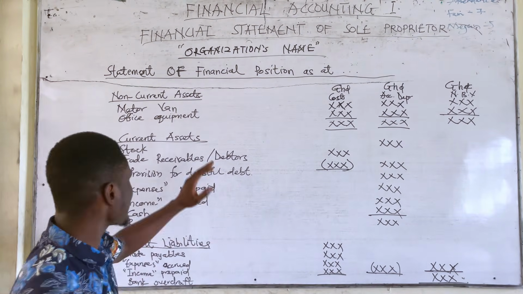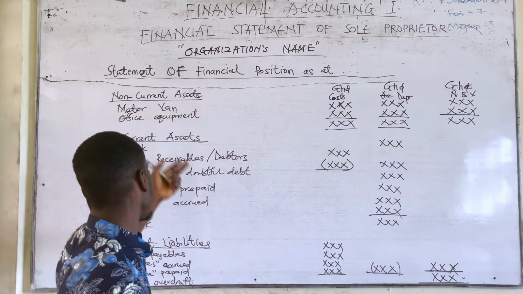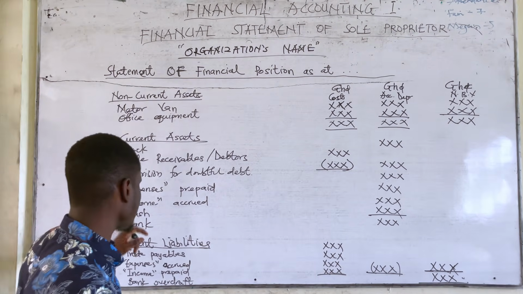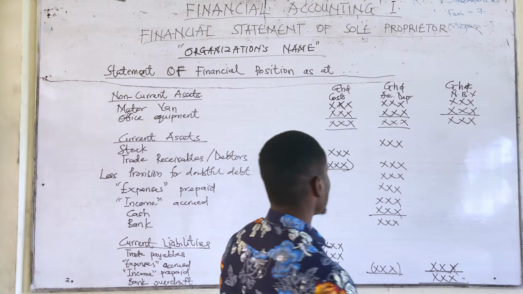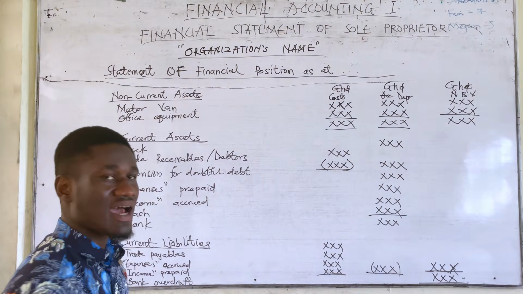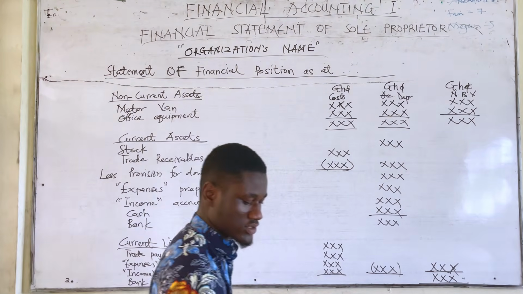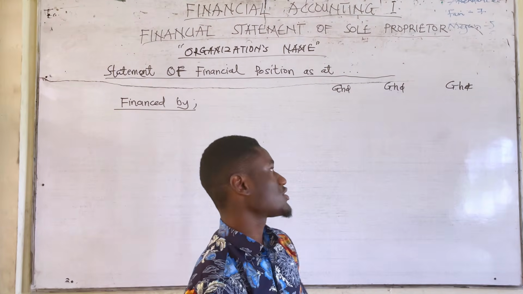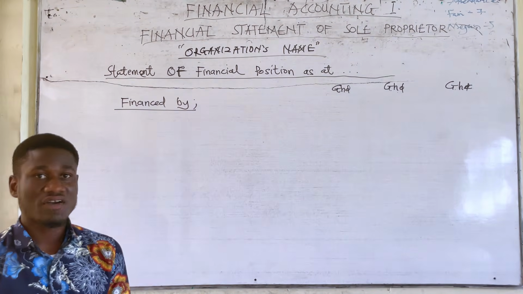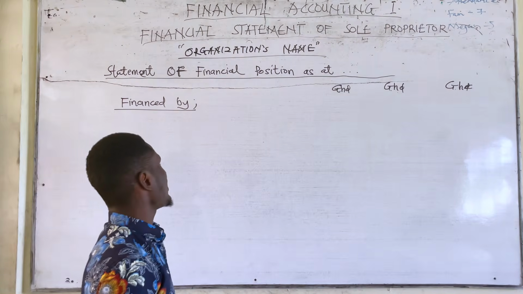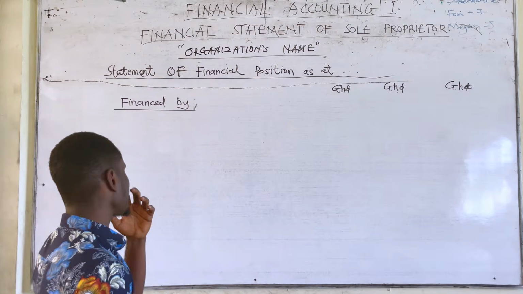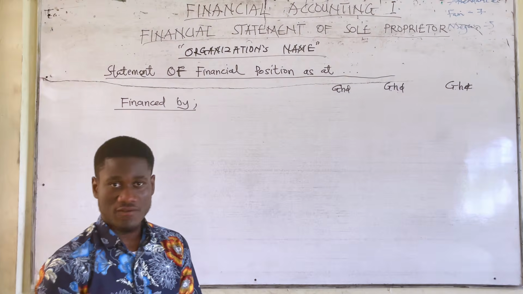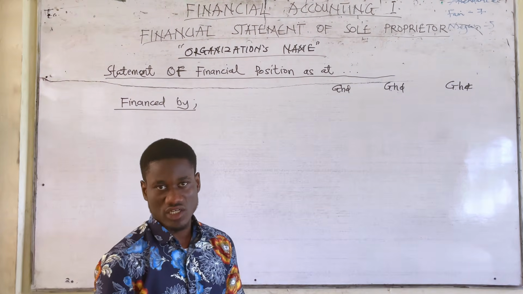Good. So these are some of the items under the non-current assets, current assets, and current liabilities. So we are moving to the finance side under the financial position. Okay, so we are going to continue with the finance side. What you have to know is that it contains the capital, the net profit and drawings.